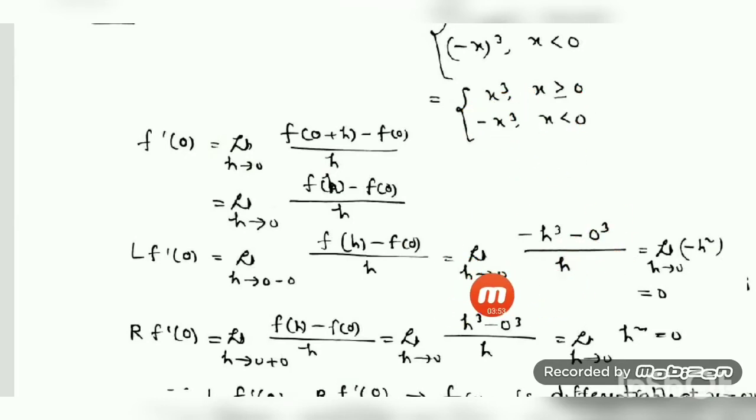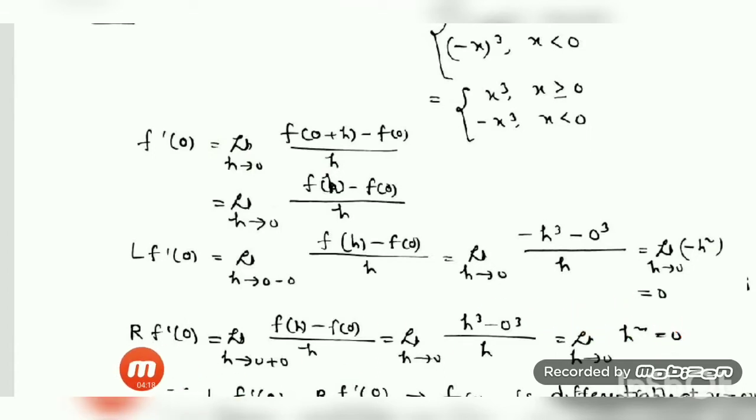And here no need to write 0 minus 0, directly we can write h tends to 0, because the work of 0 minus 0 is completed when you substitute this. And here you know 0 cube is 0, so minus h cube by h. On simplification it gives limit h tends to 0 of minus h square. This is a polynomial function, so we can substitute the value of h, that is 0, which gives minus 0 square, meaning 0.